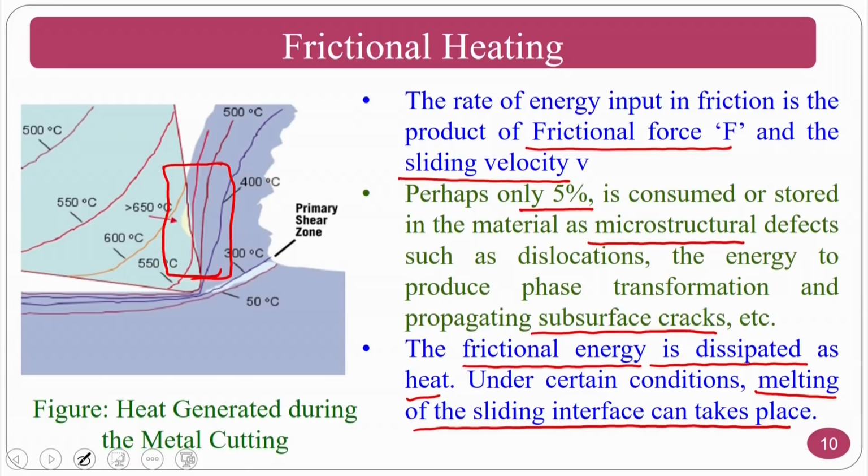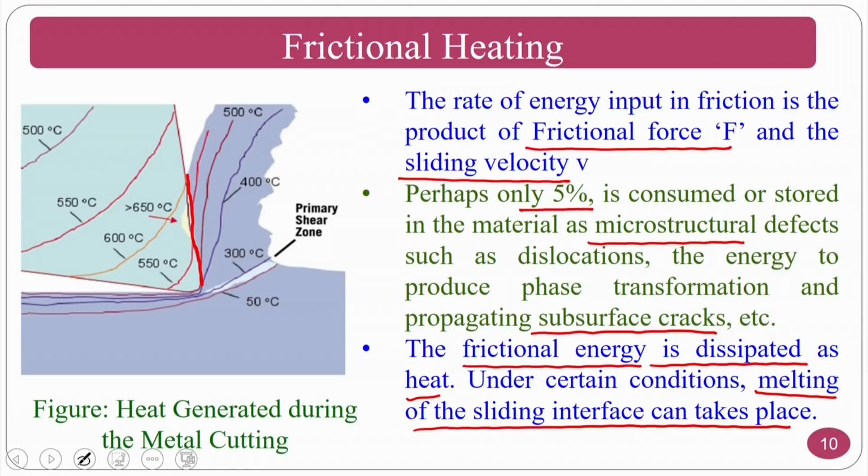If the temperature is up, these are the sliding interfaces. Let me show you. This is the sliding interface. What will happen? This may melt. Normally the workpiece has much lower hardness than the tool.